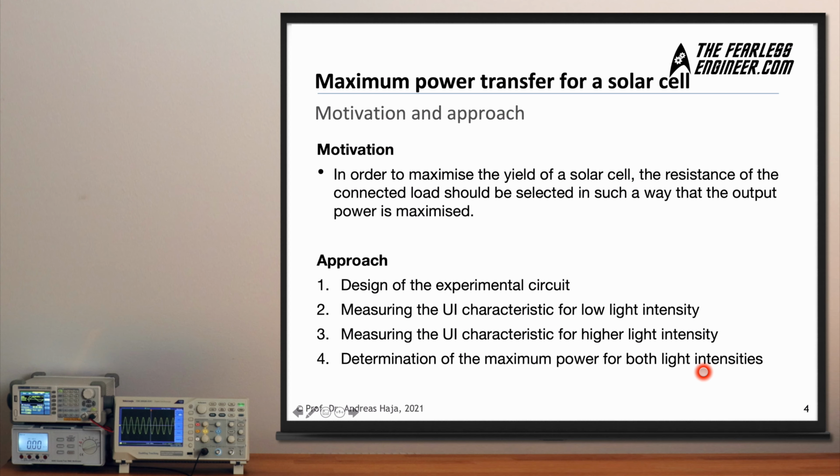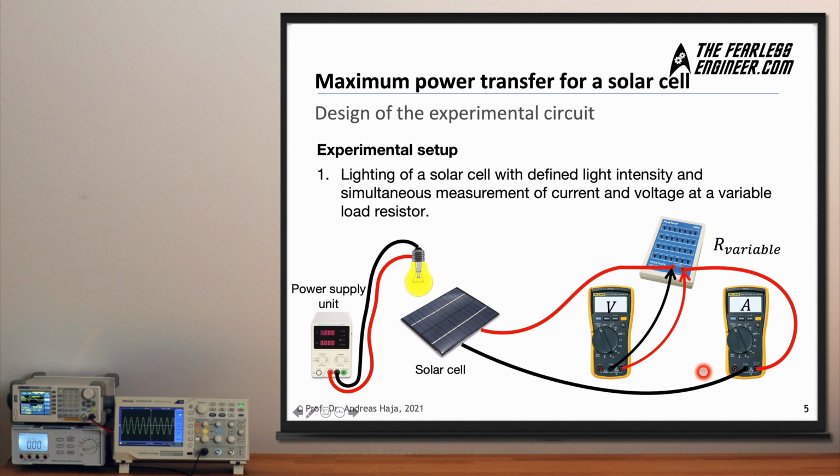Now this here is the actual experimental setup. You can see a light bulb on the left side, which is powered by this supply unit. And by choosing 2 settings of voltage, you can increase or decrease the brightness of this incandescent lamp, and in this way vary the amount of light which falls onto the solar cell.